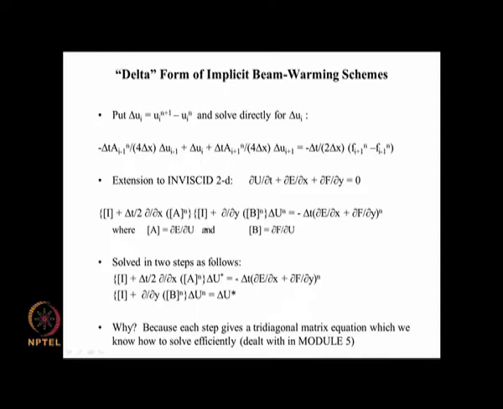So, in the 2D case the equation consists not of i-1, i, i+1, but of (i-1, j), (i, j), (i+1, j), and also (i, j-1), (i, j) and (i, j+1). So, it becomes not a tridiagonal matrix, but a pentadiagonal matrix, and in 3 dimensions you will have 7 diagonals.